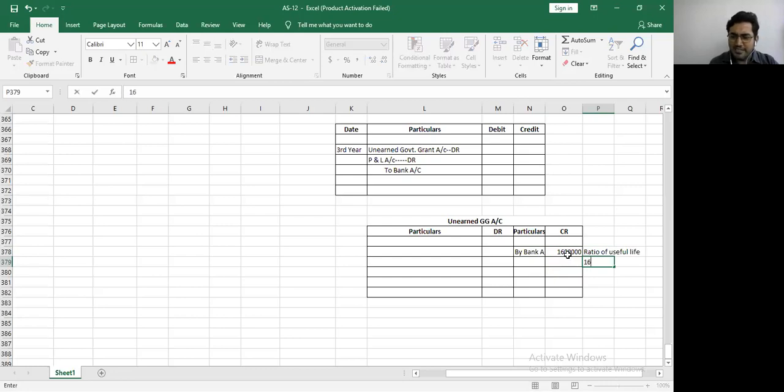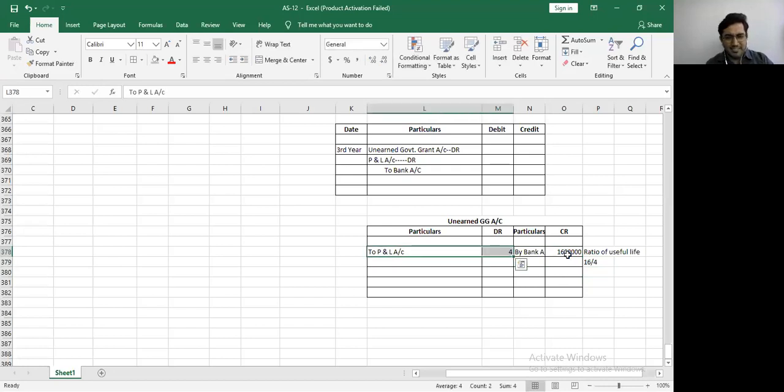Okay, so 16 divided by 4, how much do you get? 4 to profit and loss account. For the first year, you will transfer 4. For the second year also, you will transfer 4.